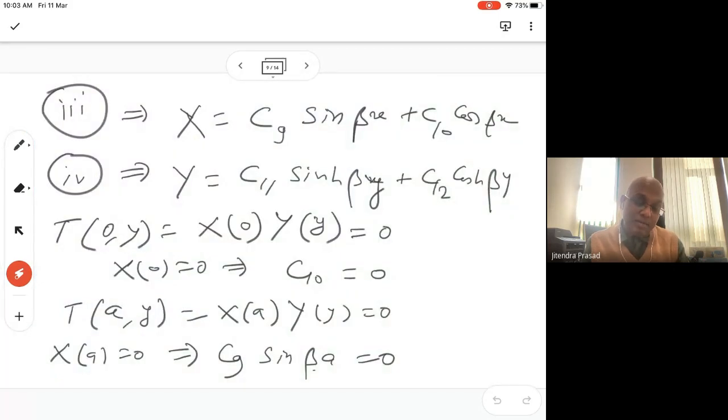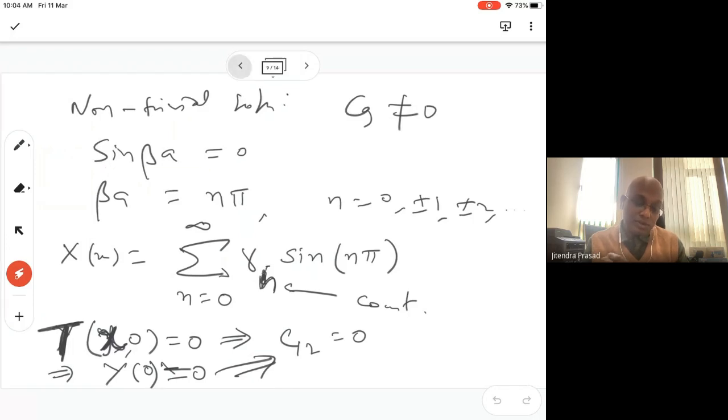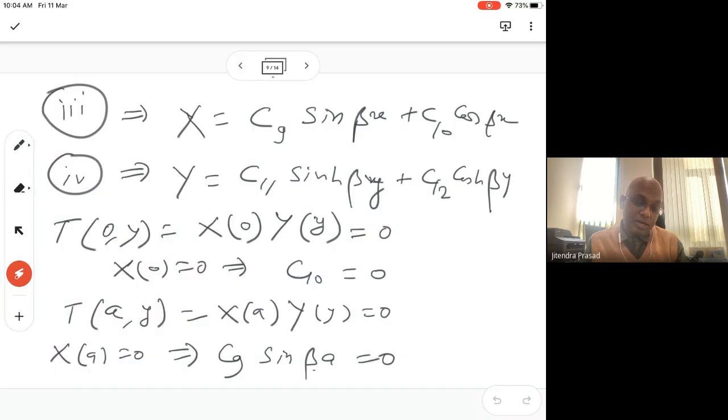One comes from X, which is based on the two boundary conditions. We found that this X is a sinusoidal function. The coefficient C9 is multiplied by a sine term that has to be equal to 0.